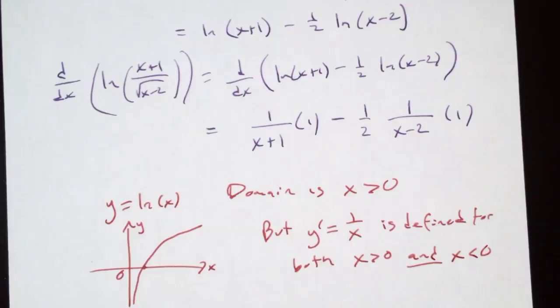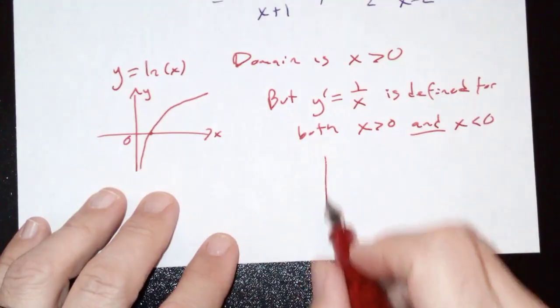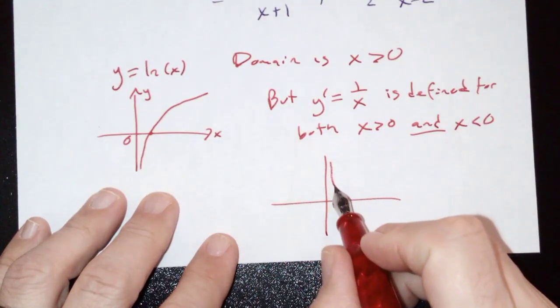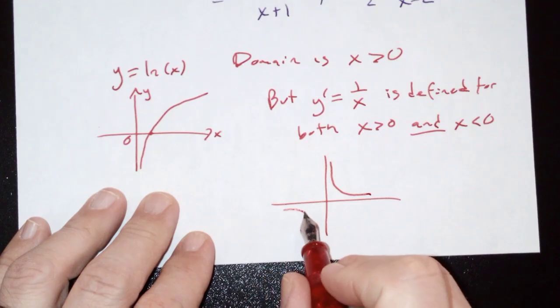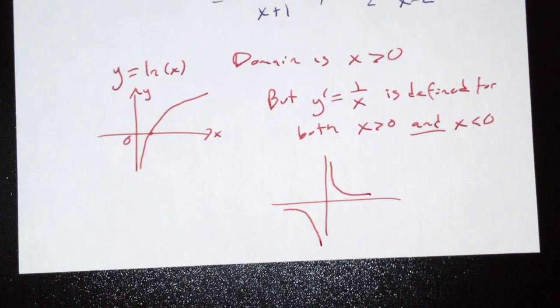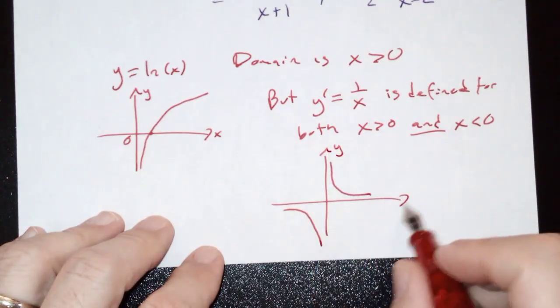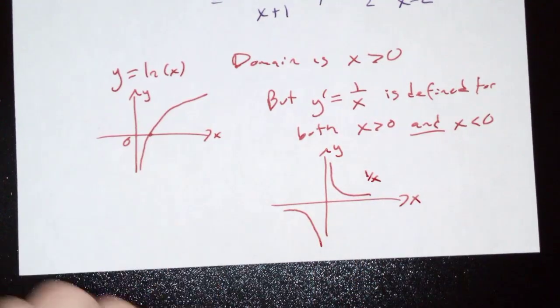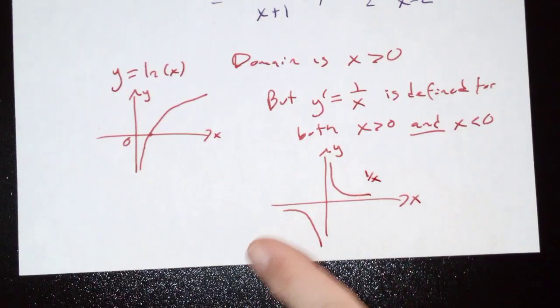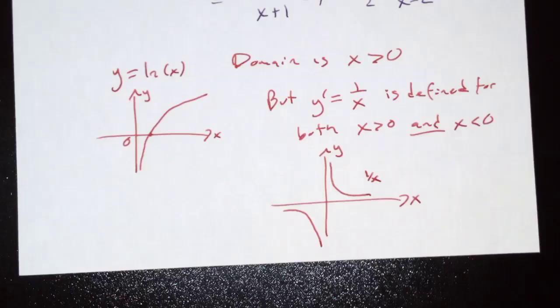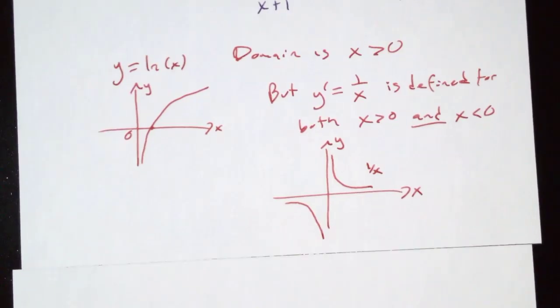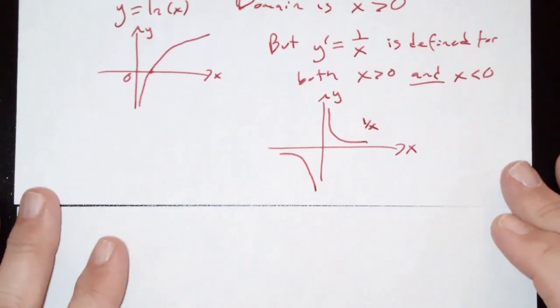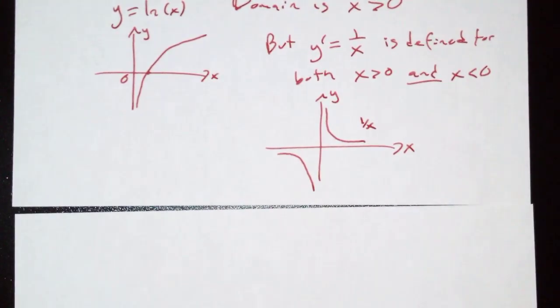And the graph of 1 over x looks like this, right? Which means they almost look like they're symmetric. It turns out that that symmetry is not an accident.